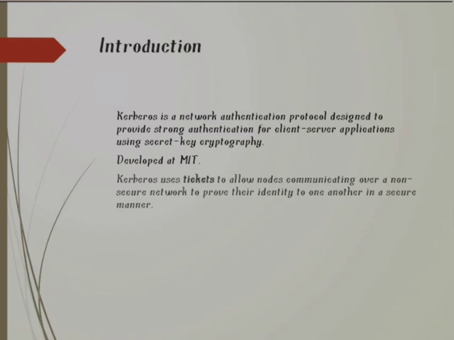It is designed to work over insecure networks like the internet or a large enterprise network and still maintain confidentiality and integrity. It does this by using secret key cryptography and issuing time-sensitive tickets for authentication.